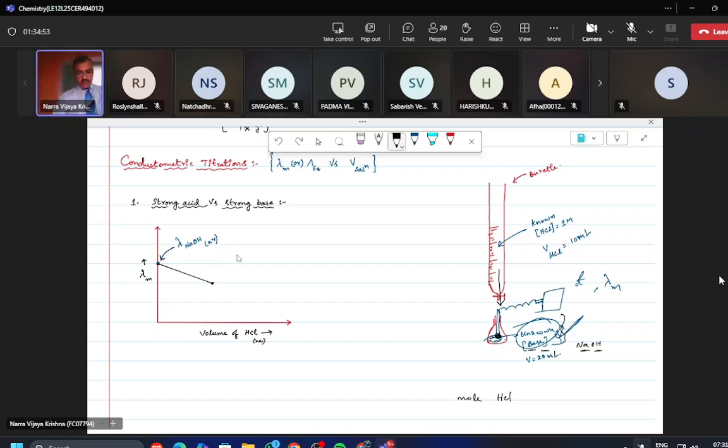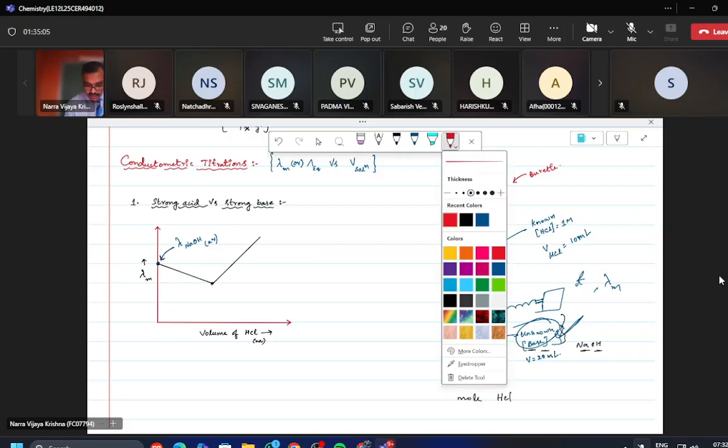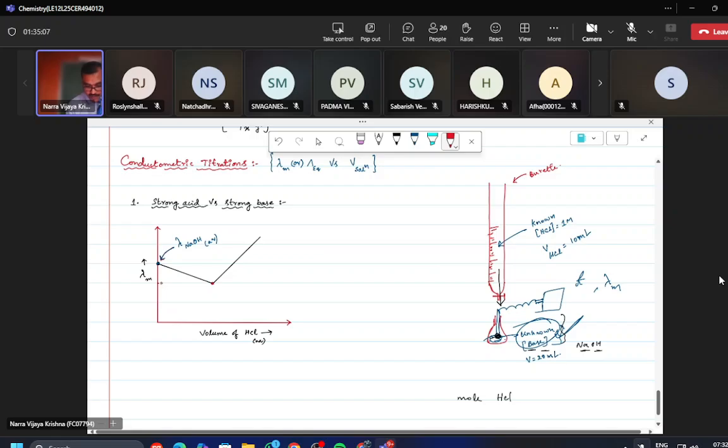Now tell me, exactly at this point, the conductance is due to what? Yes, that is lambda of NaCl.